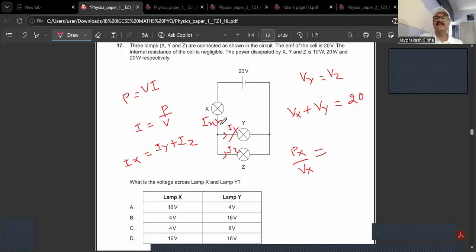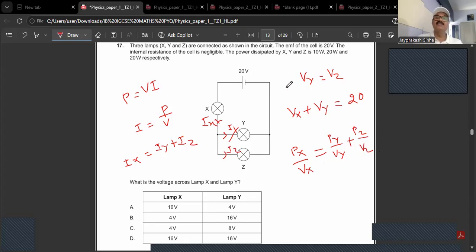The total current I_x will be distributed here in two parts, I_y and I_z. So we can write it as, for I_x, P_x upon V_x, for I_y, P_y upon V_y, and for I_z, P_z upon V_z.